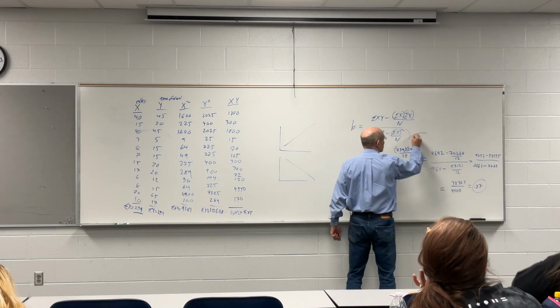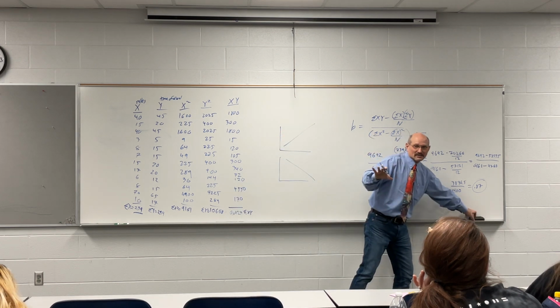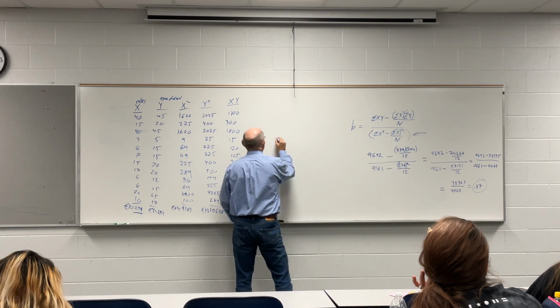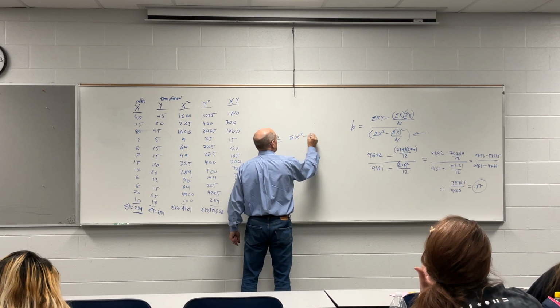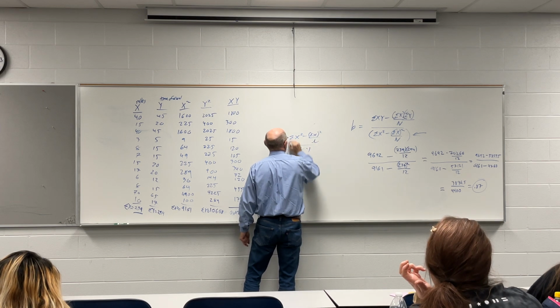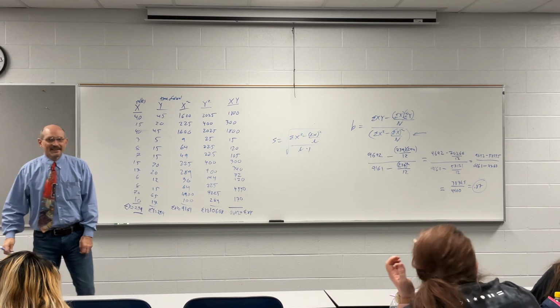Because this part of the equation is called the sum of squares. Can that be negative? No, you can't take a square root of a negative.